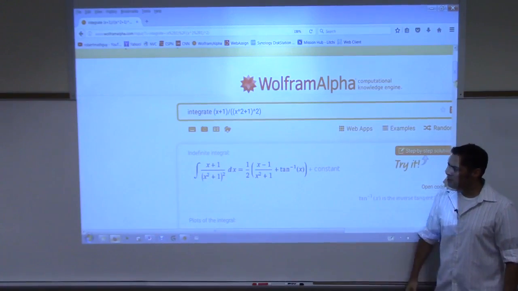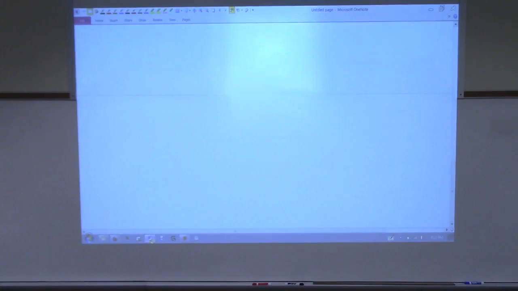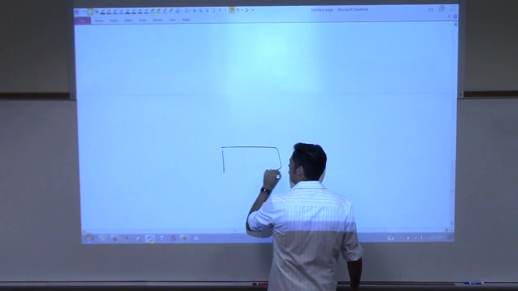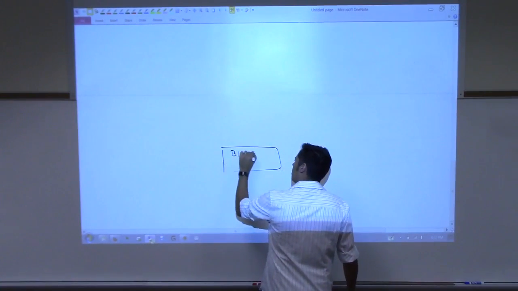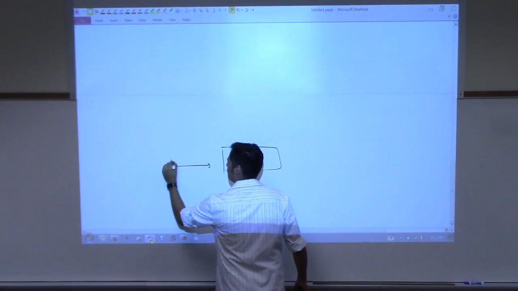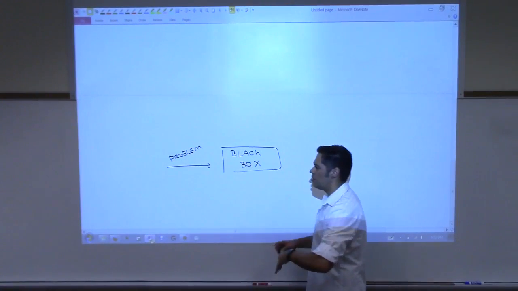When I was in graduate school, I took a course called numerical analysis. And there's this idea that mathematicians and computer scientists have, it's not an official theory, of what's called the black box. All right, so you have your problem that you put into Wolfram Alpha, or if you're an engineer, into your engineering program.